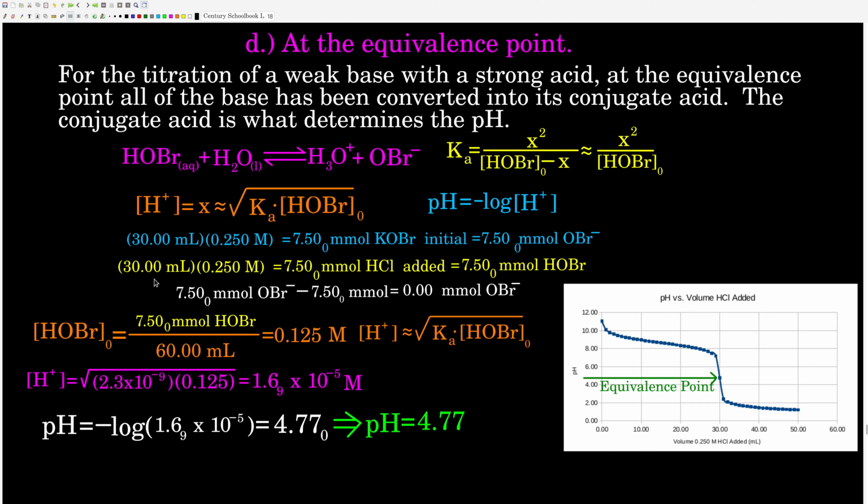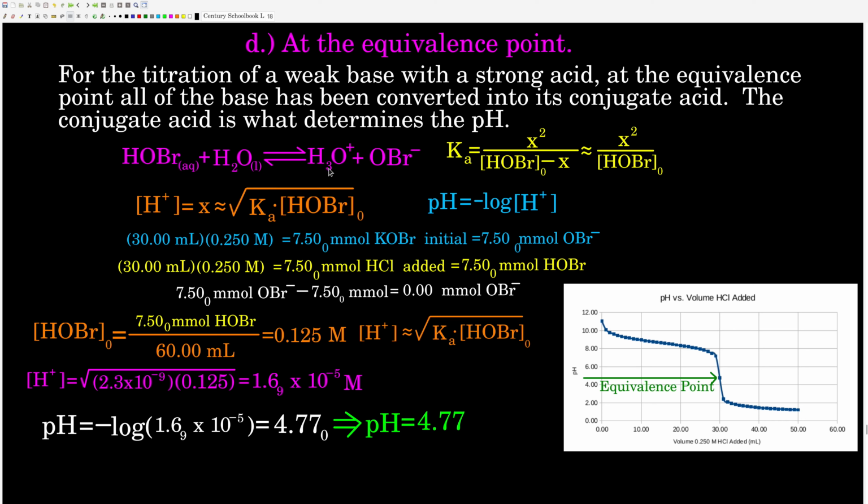Now, here we go. Now we're at the equivalence point. So that means we've added 30 mLs of our hydrochloric acid. At this point, all of the base, in this case the hypobromite, but whatever the weak base is, has been converted into its conjugate acid. So we have all hypobromous acid. And then that hypobromous acid is what determines the pH, because this equilibrium is what's happening in there.